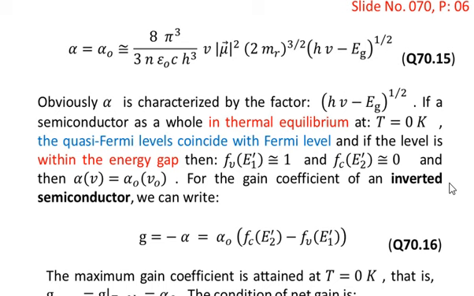This typically involves a p-n junction or a metal oxide semiconductor structure where the surface of a semiconductor layer exhibits opposite conductivity and opposite behavior. So you see that this is what inverted semiconductor means. And for that one we can write the gain equal to minus alpha, which is equal to alpha naught into Fc of E2 prime minus Fv of E1 prime.